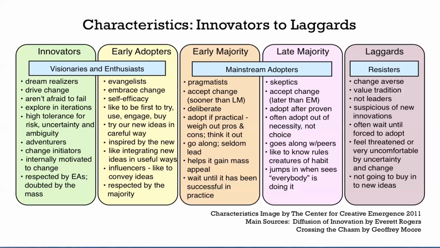Laggards are the resistors. They are very reluctant to make any kind of change. They are change averse. They are not leaders. They are very doubtful regarding new products, services or innovations. They are not ready to take the change, or ready to accept new ideas.